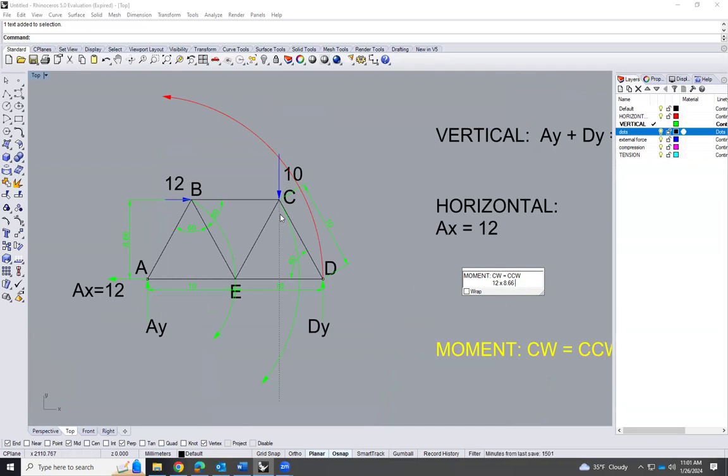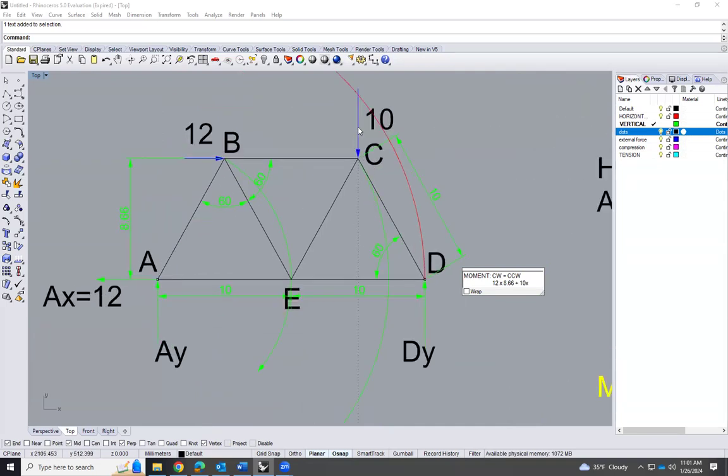What else? We have the effect of 10 because it's clockwise. So that will be 10 times... And what's the distance? This is the force. This is the line in which the force is applied. So the distance is the perpendicular distance between this point, point A, and the line of application of this force.